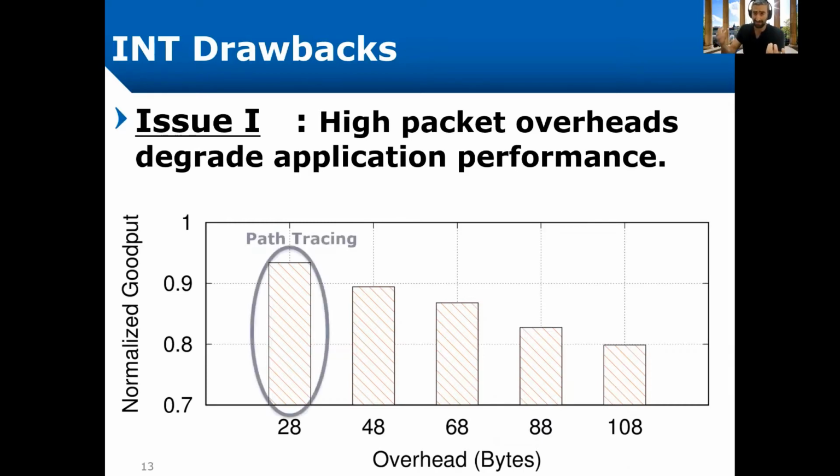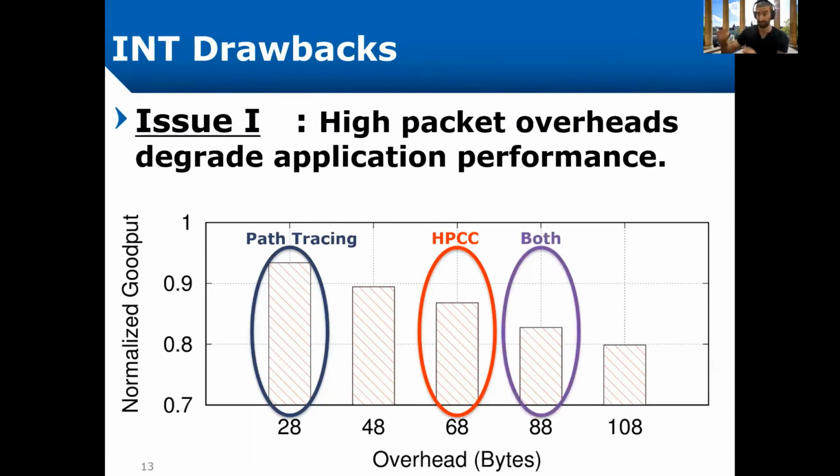And what we saw is that even if you add just one information type, like the switch ID for path tracing, it already costs quite a bit. And if you want to run HPCC, this congestion control algorithm I talked about, you actually need 3 different types of information to tune the sending rate. And this would cost you even more. And if you want to run HPCC while collecting the path information, it will set you back even further. So it really adds up, right?